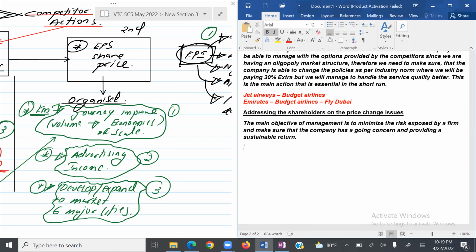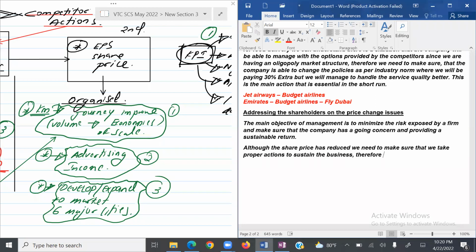So now I will give the next point. I'll write down here: although the share price has reduced, we need to make sure that we take proper actions to sustain the business.